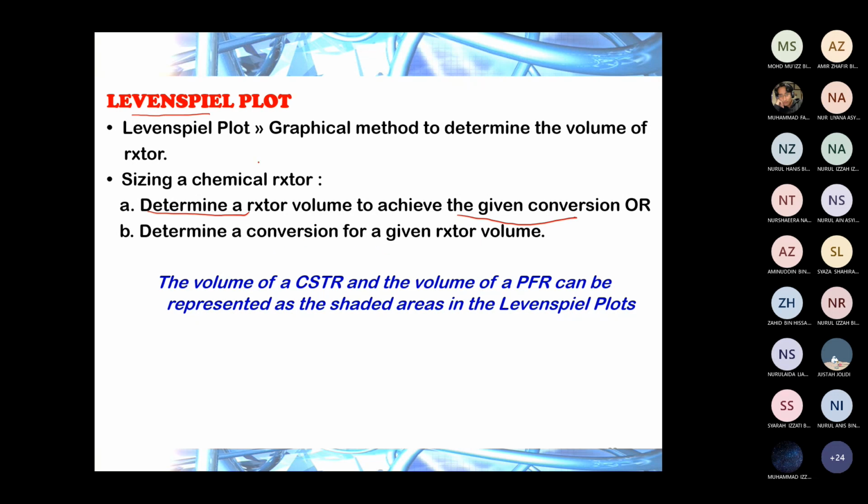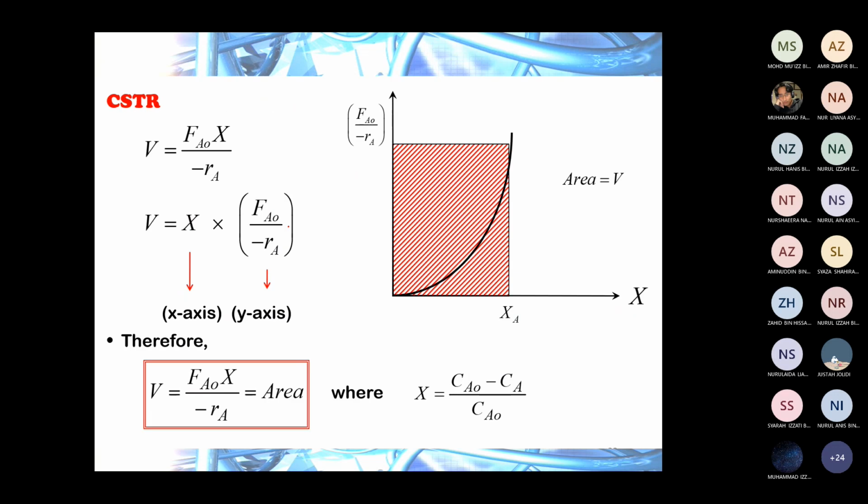So you can either determine the reactor volume or determine the conversion X. The volume of a CSTR and the volume of a PFR can be represented as the shaded areas in the Levenspiel plot. We will continue in the next slide. This is what we call the Levenspiel plot.